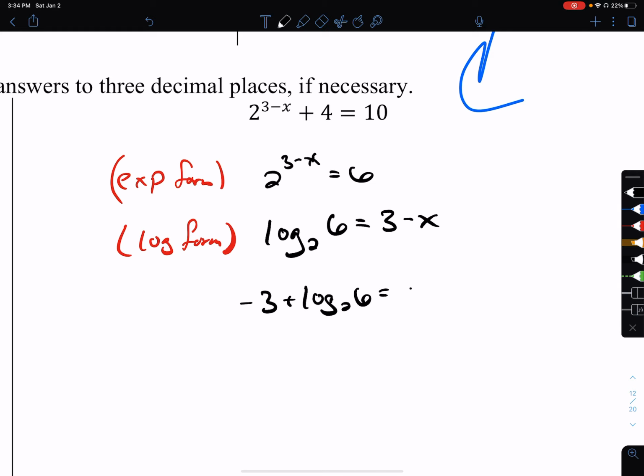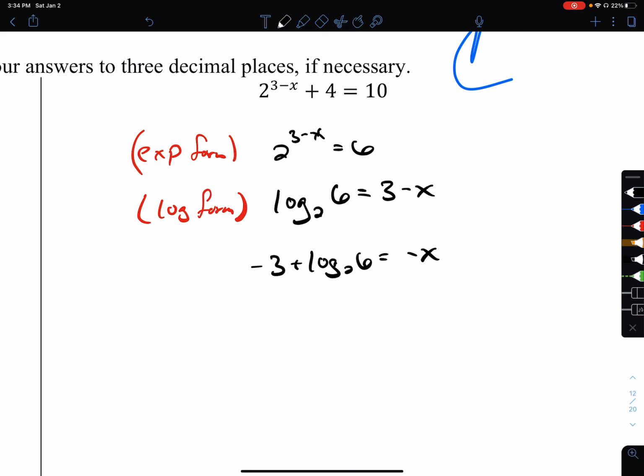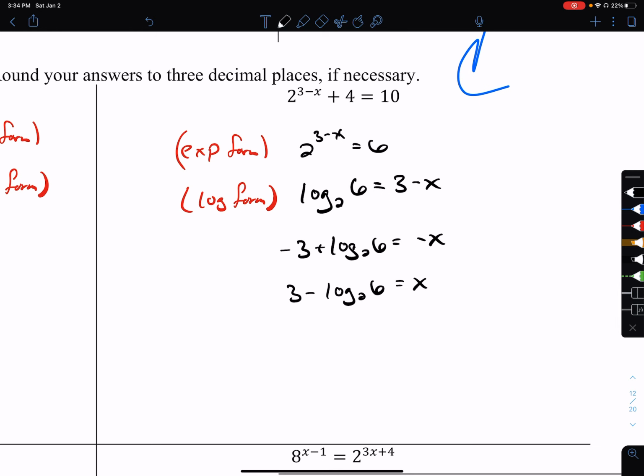I'm intentionally writing the constant on the left, so I don't think it's part of the argument. Now to get x by itself, we're going to multiply each term by -1. I get 3 minus log base 2 of 6 is x. Directions say round to the nearest tenth. If I put that in my calculator, I get 415 thousandths.